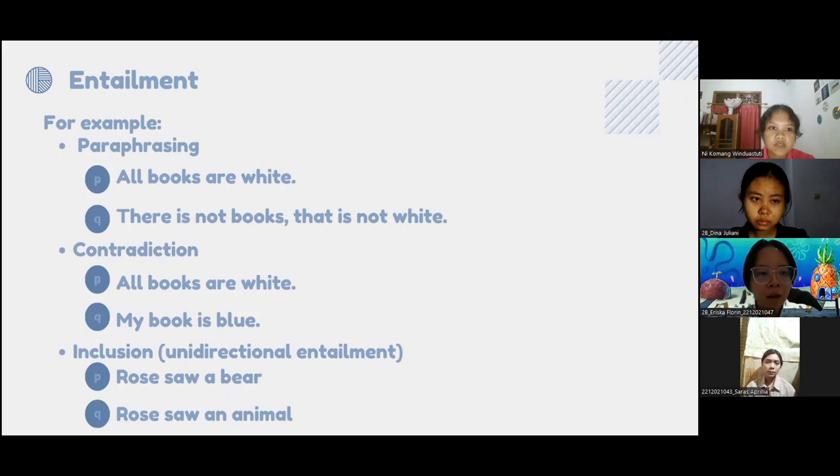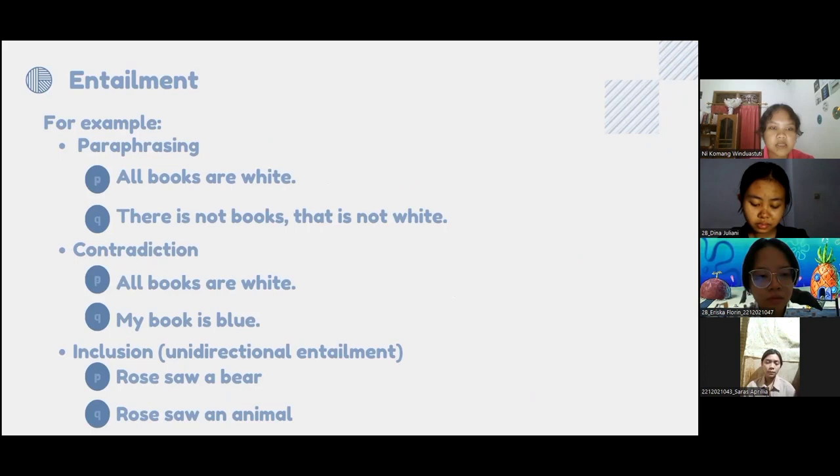So to help you understand what entailment is, here I provided an example.